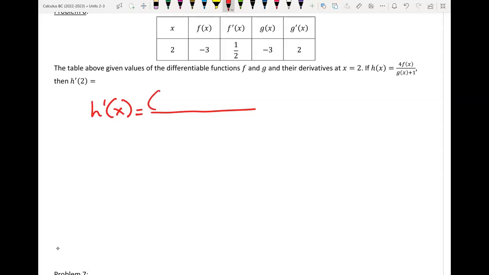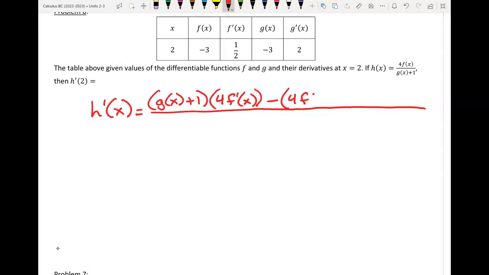So low d high, so the top would be 4f prime, minus 4f of x times low d high and high d low, so that should just be g prime of x, over g of x plus 1 squared. Does that make sense? Just using our quotient rule.